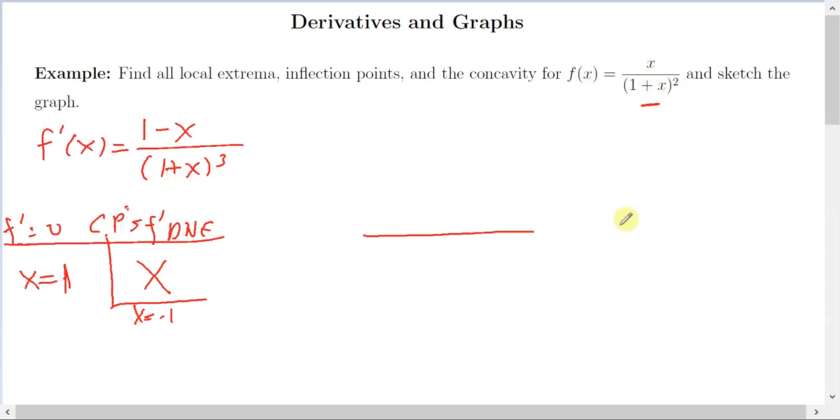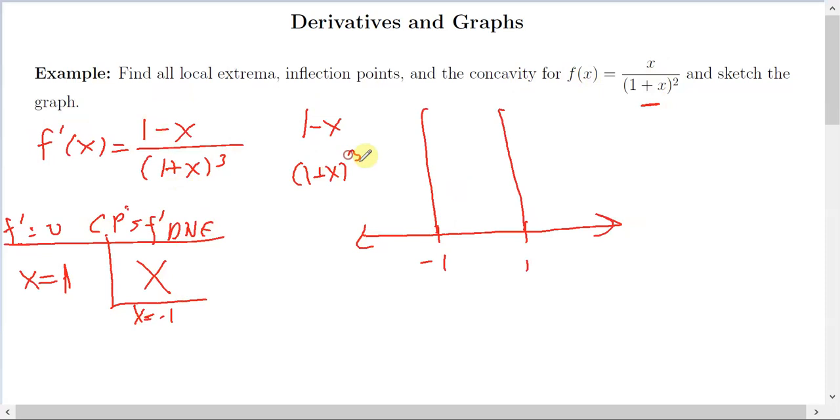So I'm going to make my sign chart. I've got -1 and 1, and I put my factors over here: 1 minus x and 1 plus x cubed. This one is 0 here, and this one is 0 here. 1 minus x is a linear factor with a negative slope, so it will be positive, then become 0, and then dip below the axis and be negative.